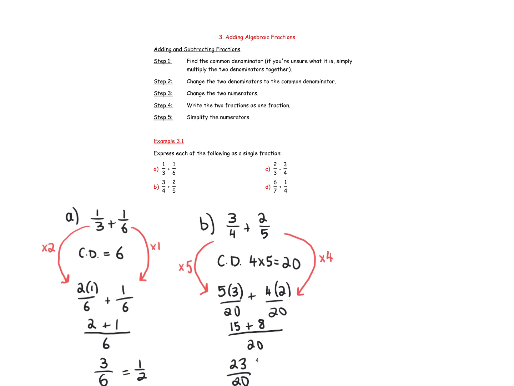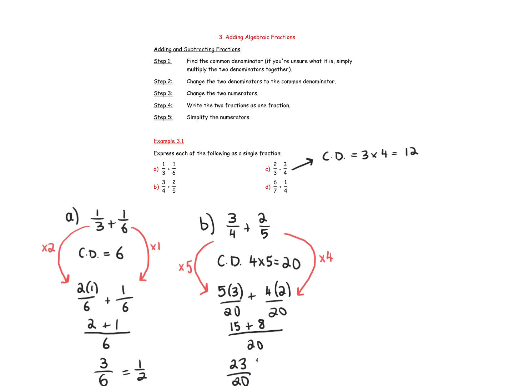Part C and D are very similar. I'm not going to do them fully, but I'm just going to show you what you might do to begin. So, as normal, we have to get the common denominator. For C, the common denominator can be got by multiplying 3 by 4. Now, 3 by 4 will give us 12, so you change both the denominators on the fractions to 12. Write it all over 12 once you've changed the numerators to match what happened to the denominators.